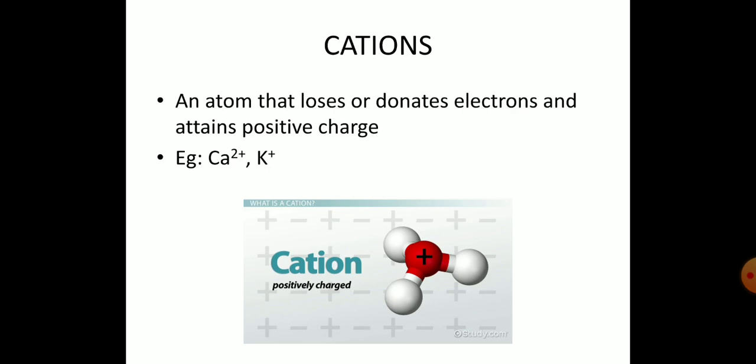So that is Ca 2 plus. And for potassium, K stands for potassium. Potassium will be giving only 1 electron, so we have only 1 positive charge. So what is a cation? An atom that loses or donates electrons and attains positive charge. So cation means it will have positive charge, or you can say positively charged ions are called cations.